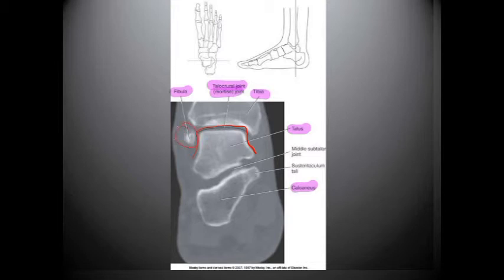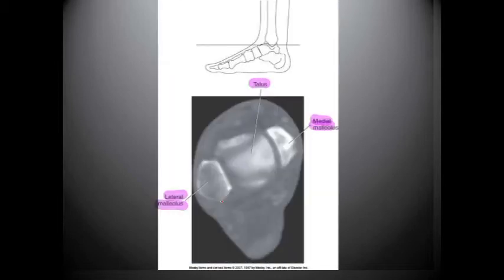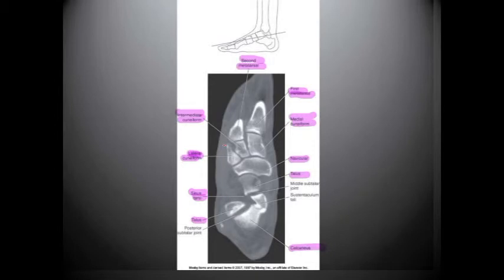Here we have the fibula, and more importantly, the lateral malleolus. Here we have the tibia, medial malleolus, talus, calcaneus. We saw this with lateral malleolus, medial malleolus, and the talus forming the talocrural joint here.